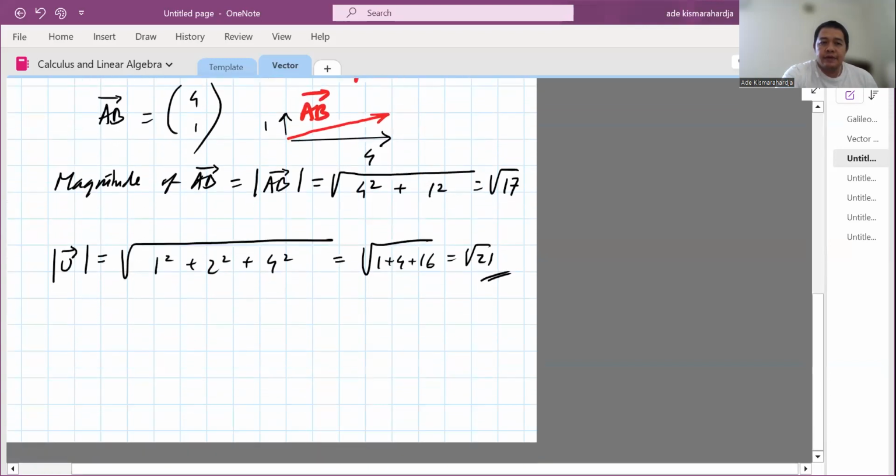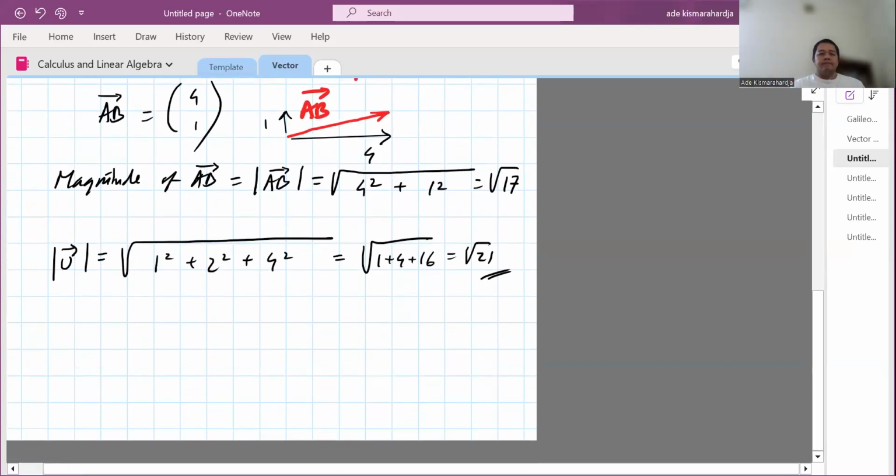Now, the last thing that I want to discuss with you is the unit vector. What is the unit vector? It's simply a vector with the magnitude equal to 1. So that's the definition.